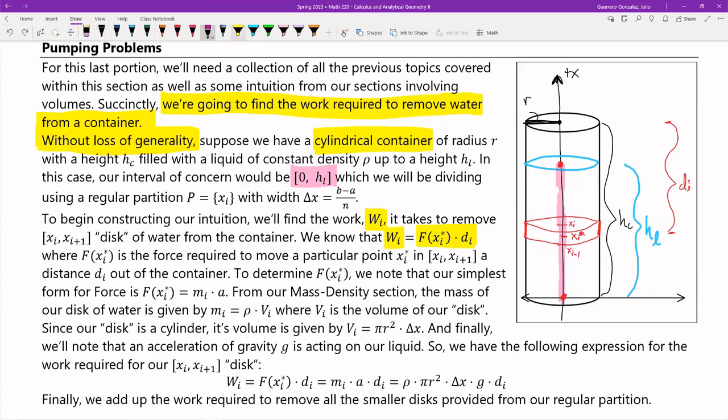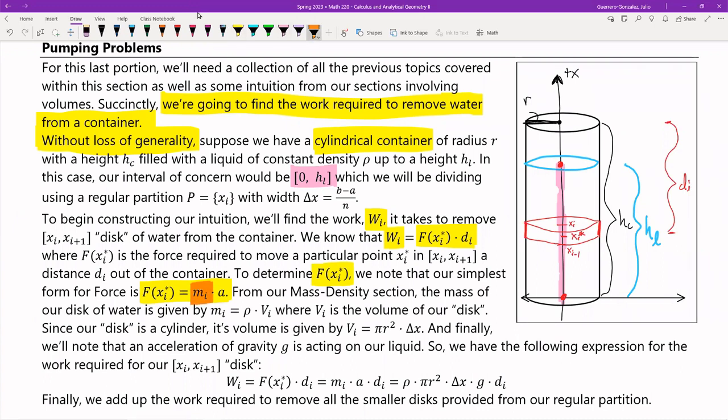So now we have f of x_i times d_i. At least we have that much for the work. To determine my f of x_i, we know the very basic of our equations: the force is given by some mass times acceleration.